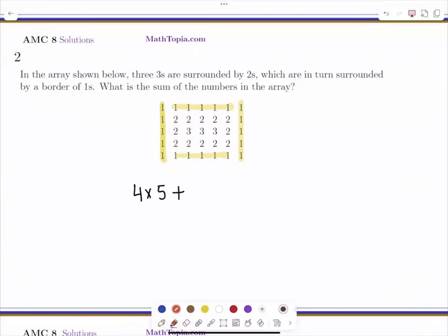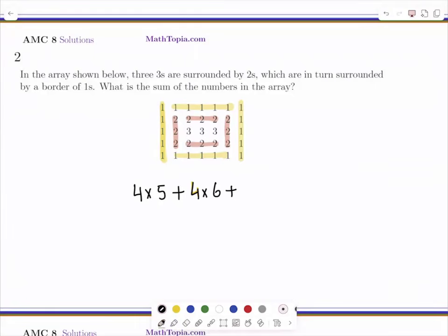Let's see, what about the other one? Let's group twos. How many twos do we have, Yusuf? 3, 3, 3, and 3. So that means 4 times 6, 4 groups of 6.